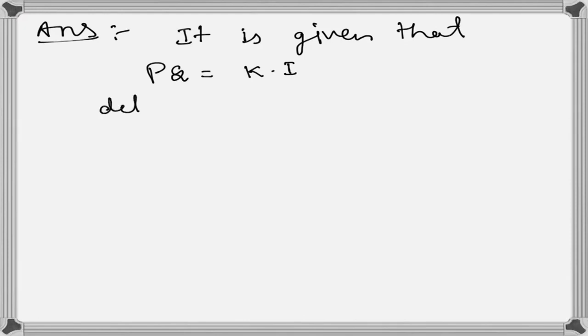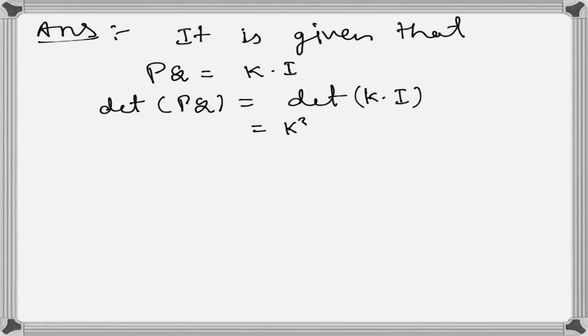So if we take determinant on both sides, we get determinant of K times I, and since I is a 3 cross 3 matrix, this is nothing but K cube, and determinant of I is equals to 1, and this is equals to K cube.